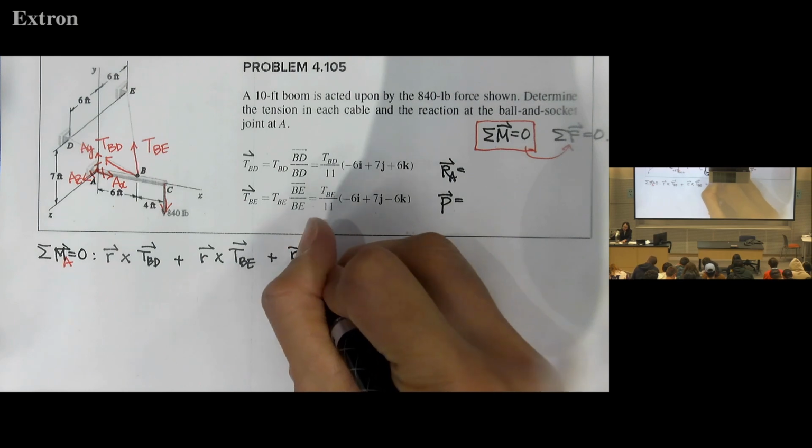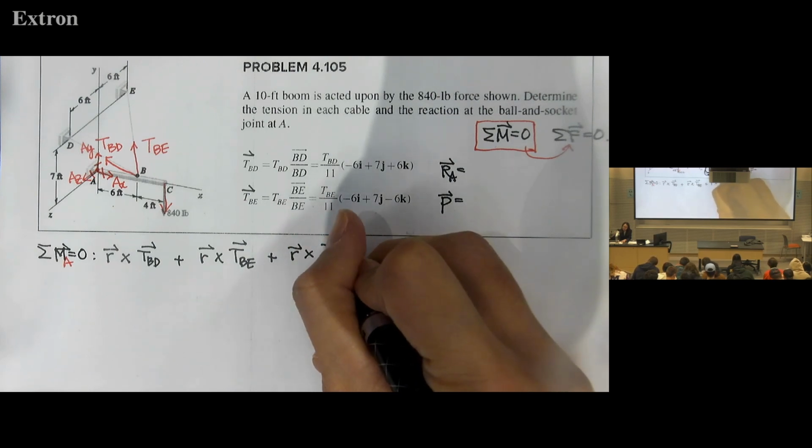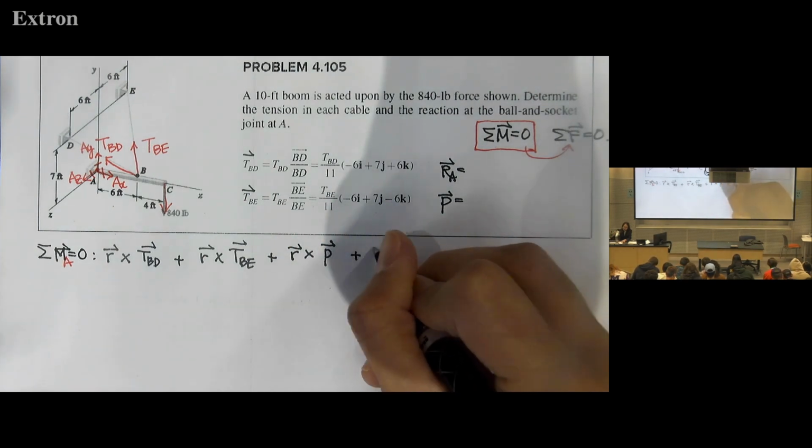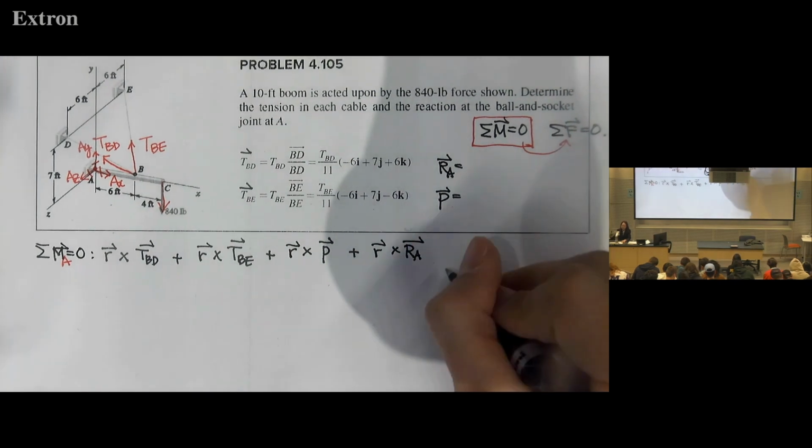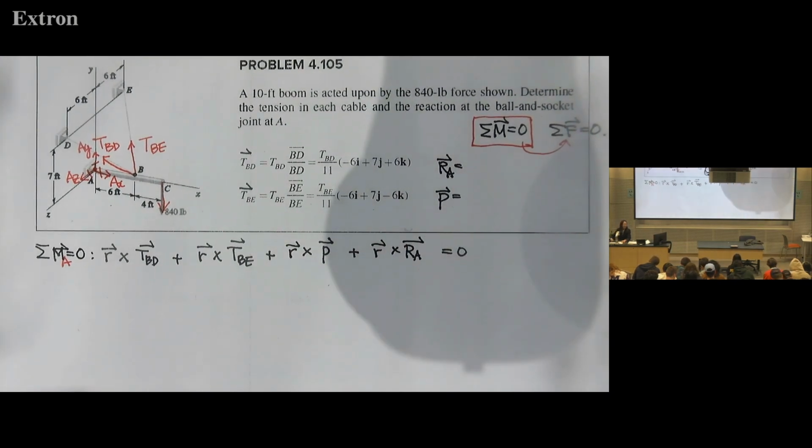The third one, R cross P. And the last one, R cross RA. So I think I wrote down all the moments from all 4 forces in this equation. Okay, any questions so far?